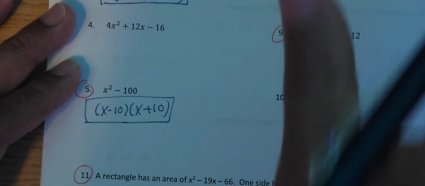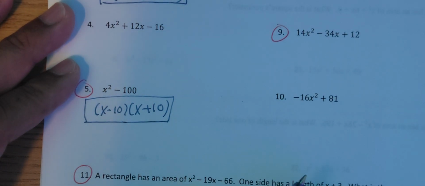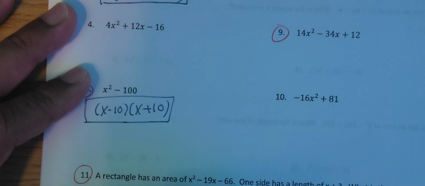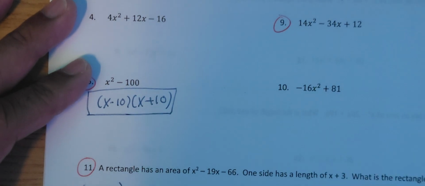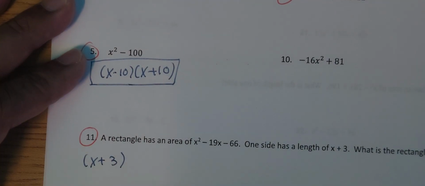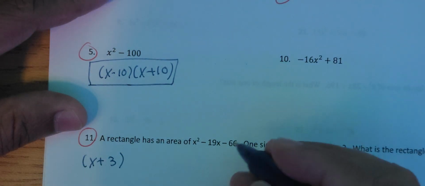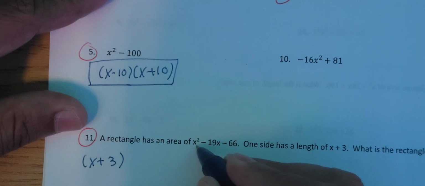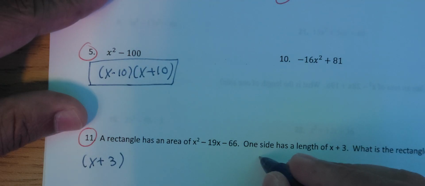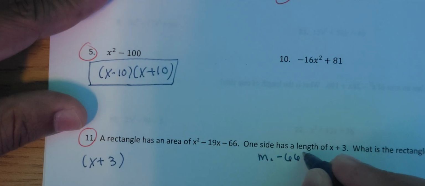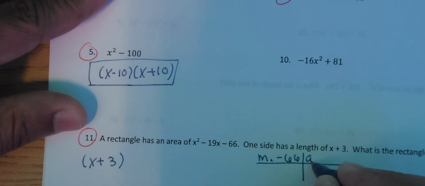Number 11, it says a rectangle has an area of x squared minus 19x minus 66. One side has a length of x plus 3. What is the rectangle's perimeter? They give us one side, so we know that x plus 3 is one of the linear factors. Let's find the other. I need to find multiples of a times c, a being 1 and c being negative 66, that add to negative 19.